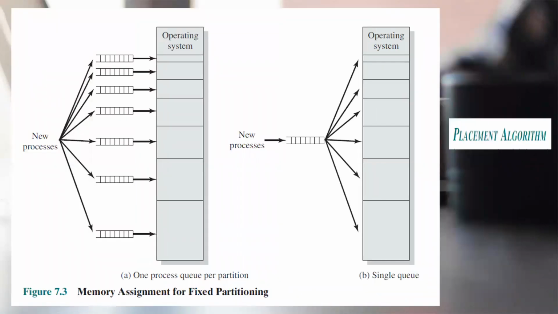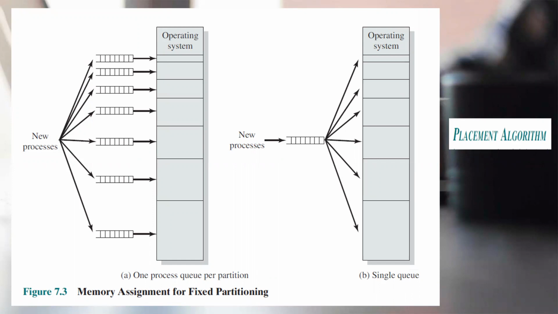Okay, so the placement algorithm. With equal size partitions, the placement of processes in memory is trivial. As long as there is any available partition, a process can be loaded into that partition.